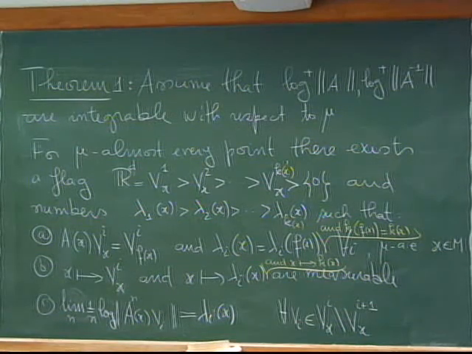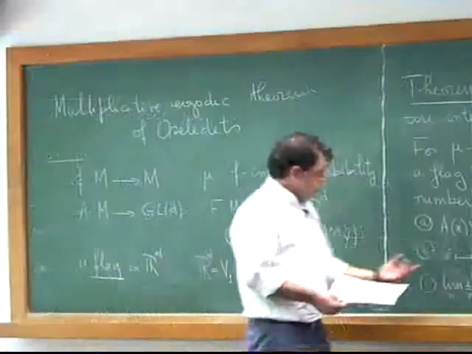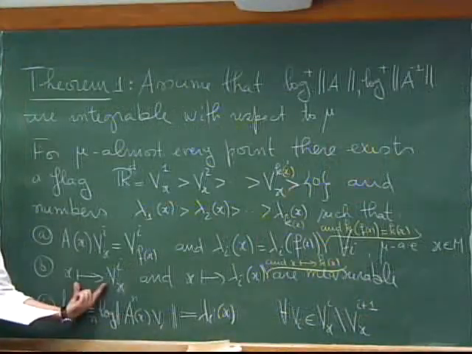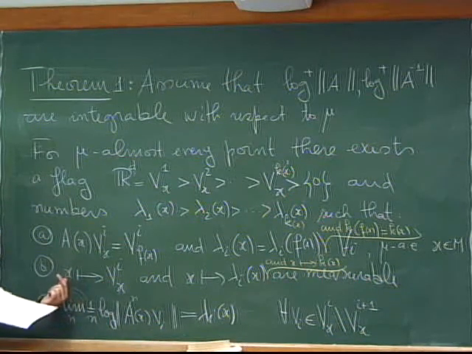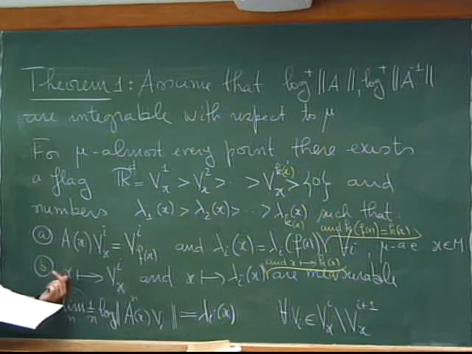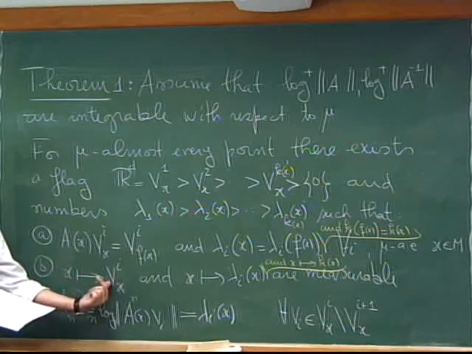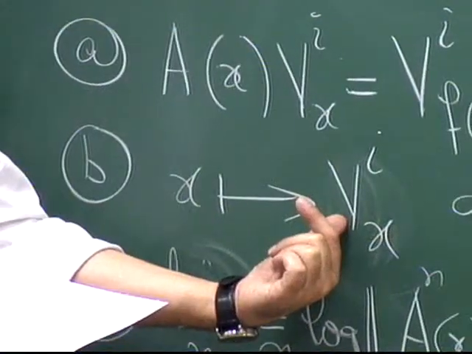The other thing that I think I have to explain is what this statement means. What does it mean to say that a map that assigns to each point a vector subspace is measurable?